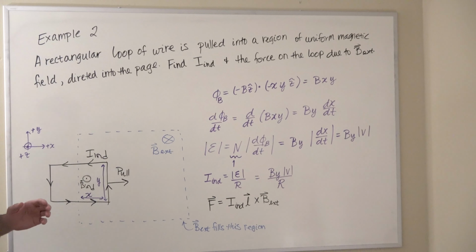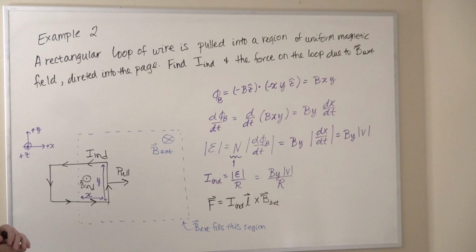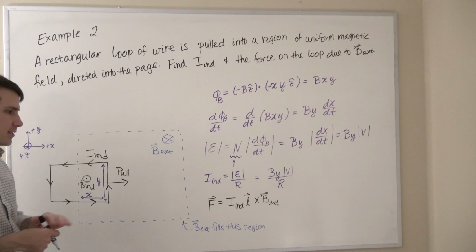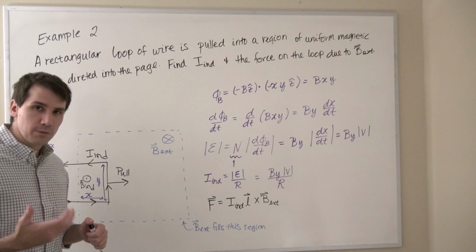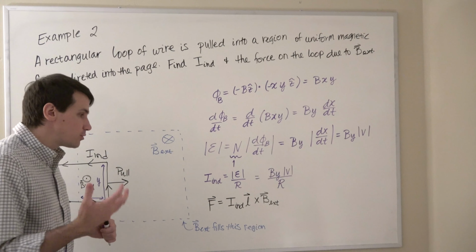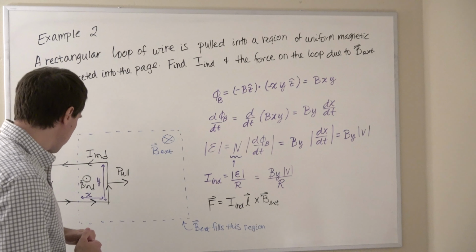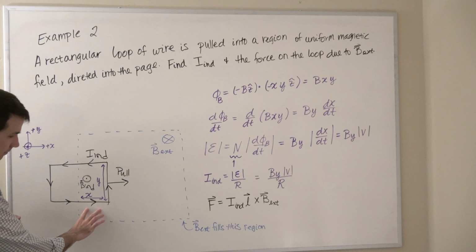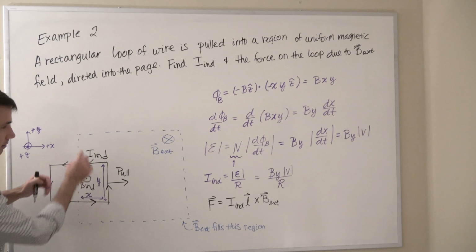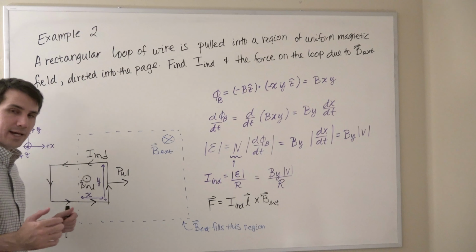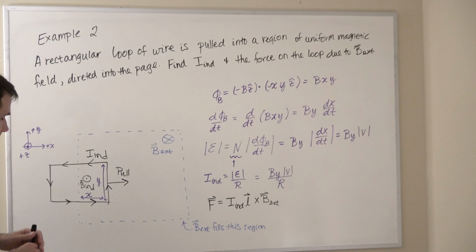Okay, so the next thing that we need to do is figure out the force on this loop. So before we go through and do some cross products here, let's just think about what regions of the loop could be experiencing a force due to the external magnetic field, and what direction would that force point in? Well, if I take the bottom side of my loop, again, only the region inside of my dotted line experiences the external magnetic field, so I don't need to worry about the parts of the loop that are out here.